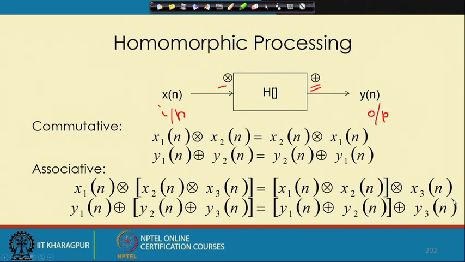In the first example, x 1, x 2, x 3, three members are there in the input space, and we have the operator cross. Combining them, first we combine x 2 and x 3, and then the resultant is combined with x 1. The same result we will get if we first combine x 1 and x 2 and the resultant is combined with x 3 with the operator cross.